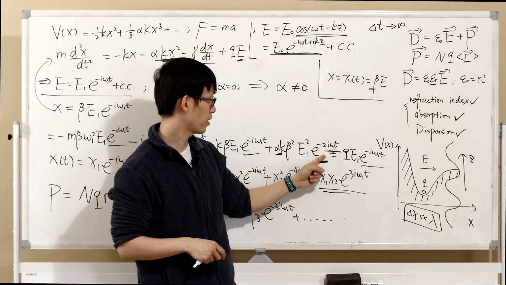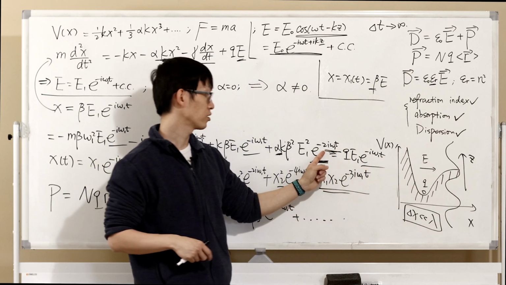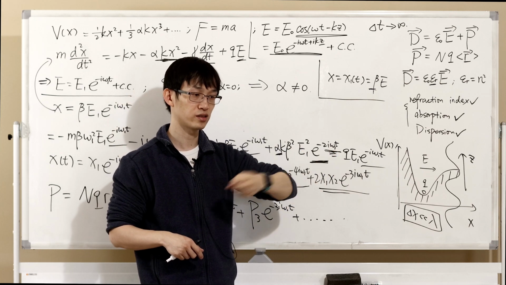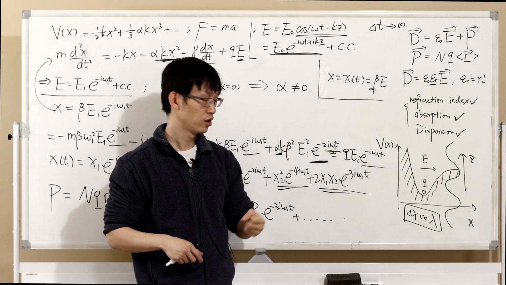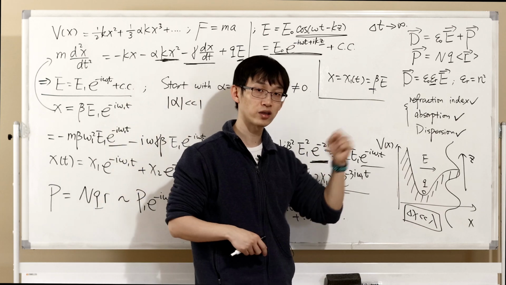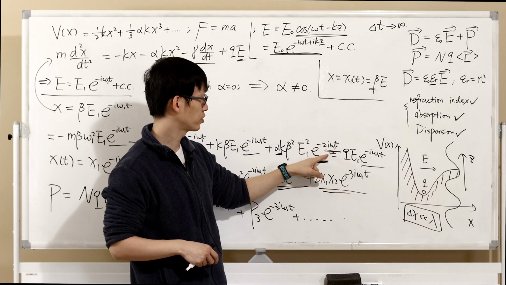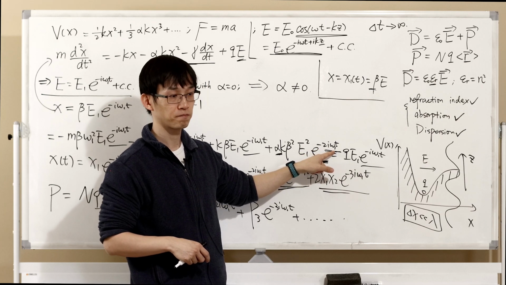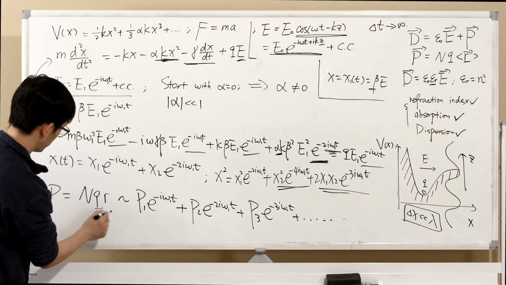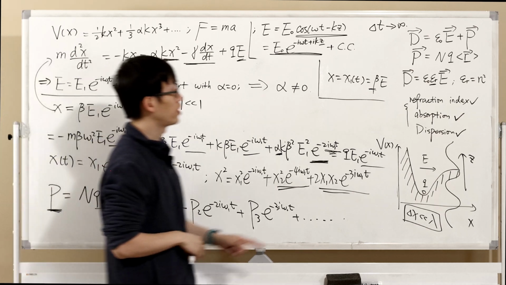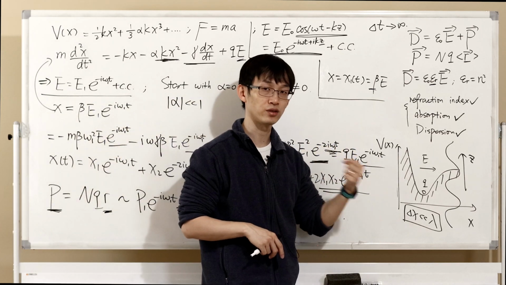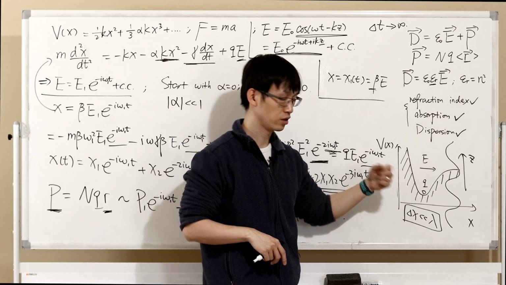So if you have a molecule, a charge, that keeps oscillating at 2 omega frequency, it's cosine, so it's accelerating, decelerating. This motion of the charge is going to emit photons, going to emit EM field at this 2 omega 1 frequency. So whatever frequency you have in your R, and then in your polarization, will eventually translate into electrical field, into light, because your charge is literally moving here.